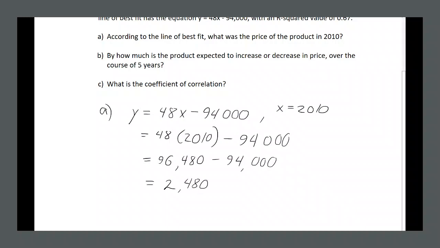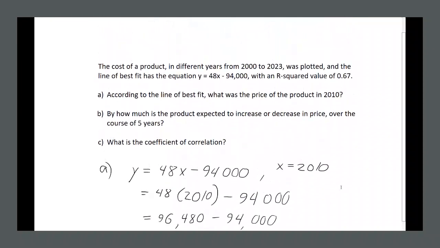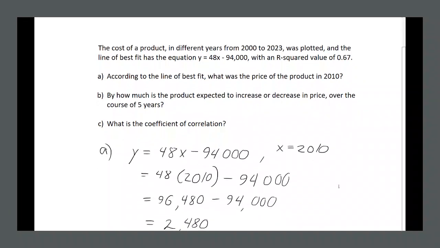So according to the line of best fit, the price of the product in the year 2010 was $2,480. So we can deduce then that the actual price was somewhere around there. And considering the r-squared value, 0.67, which is pretty good, the price probably was somewhere around there.